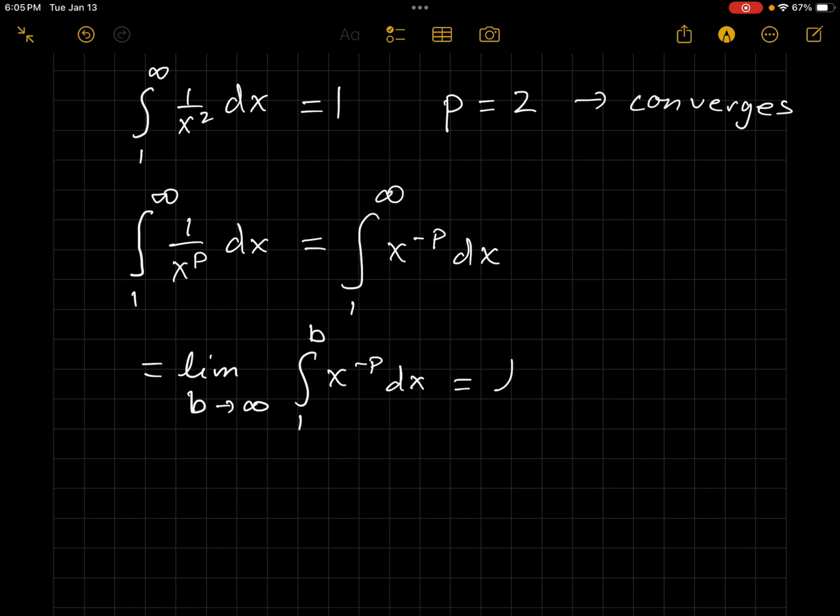But when we find the antiderivative using the power rule, we know that we need to add 1 to the power and divide by that new power. The most important part, the only part I really care about to determine convergence or divergence, is the numerator.